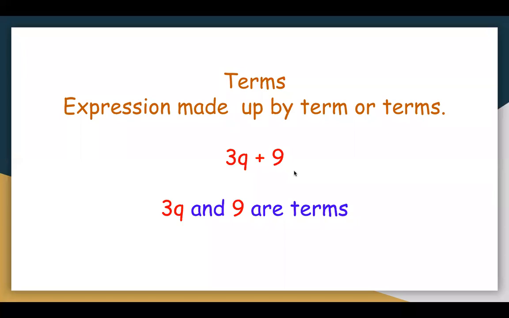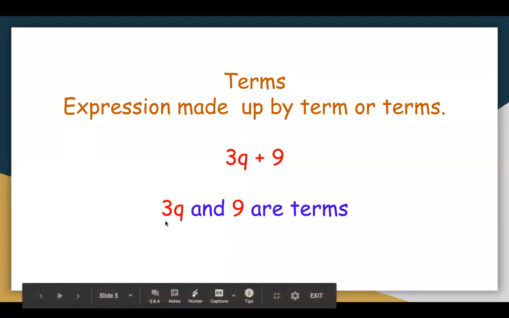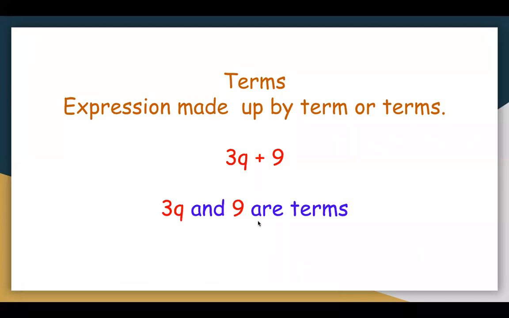When you see an expression, there will be either one term or more than one term. Like we said, this one is a term, which is 3q. If you see that, it's one term. Plus 9, this positive 9, is also a term. So 3q and 9 are terms.